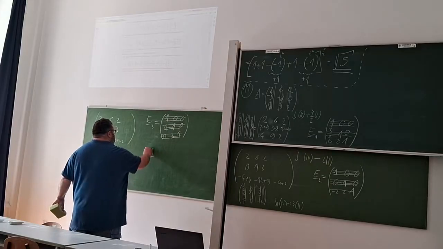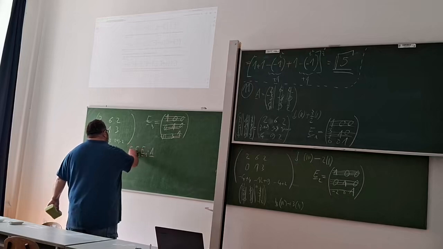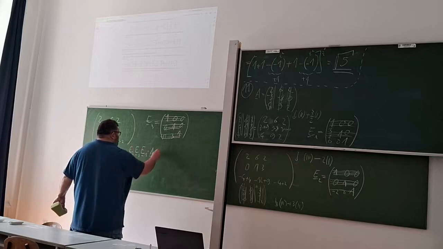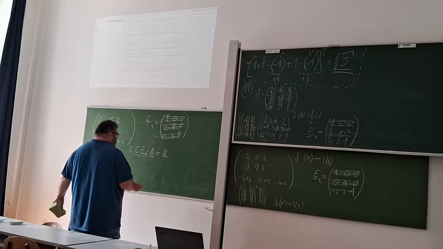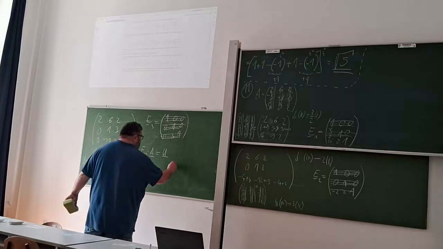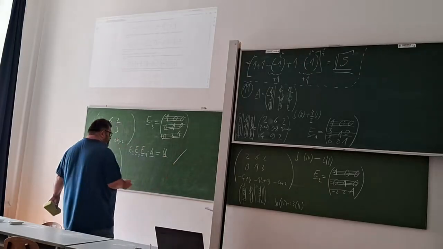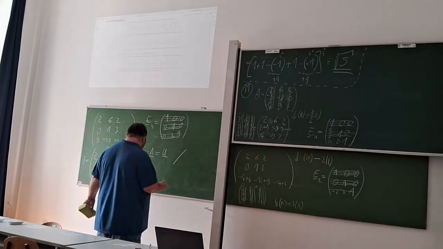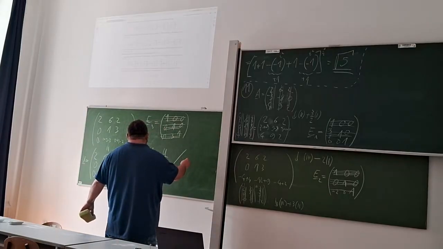A matrix multiplied by A1, A2, A3 gives the U matrix. So I have to multiply this with, what was it?